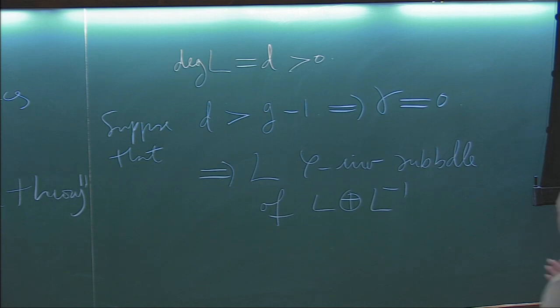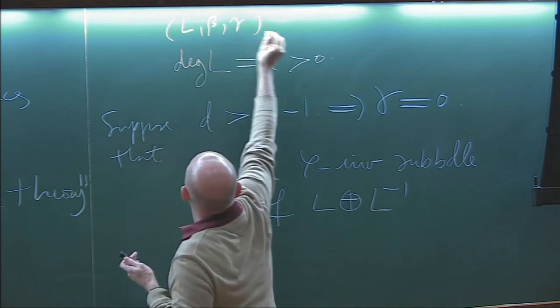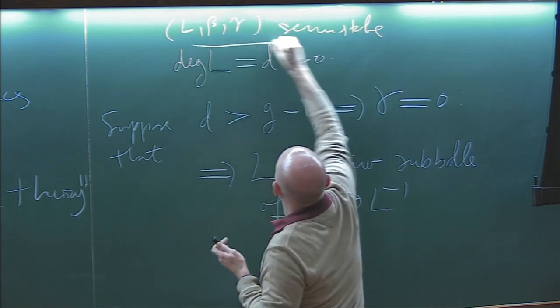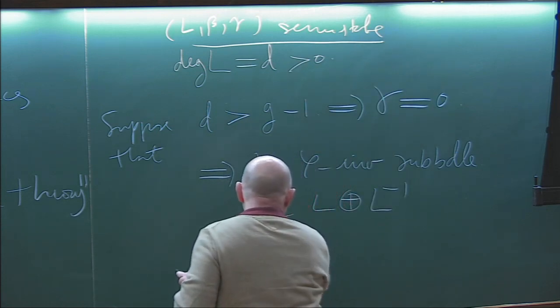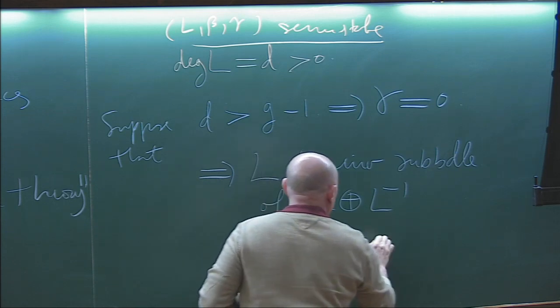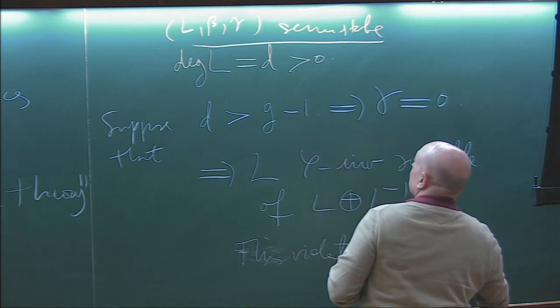I'm assuming that (L, beta, gamma) is semi-stable, and so this violates semi-stability, or stability if you want.